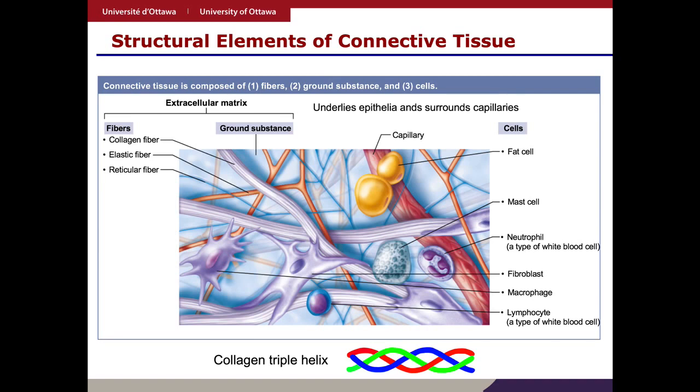The ground substance is an unstructured, gel-like material that fills the spaces between cells. It's the medium through which solutes diffuse between blood, capillaries, and cells.